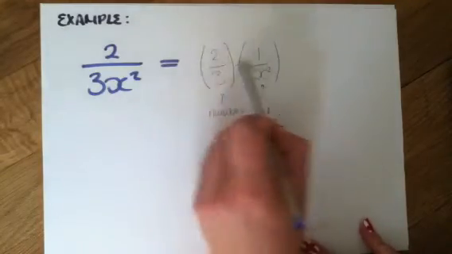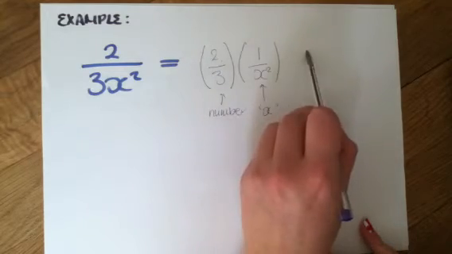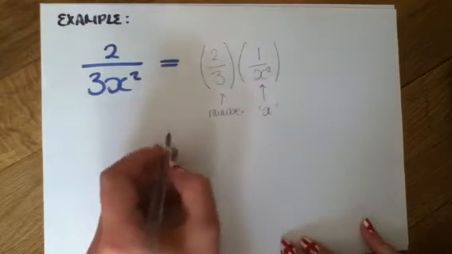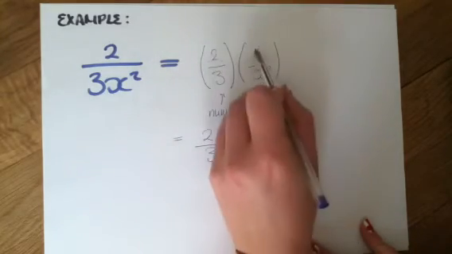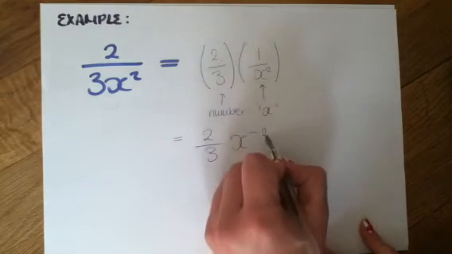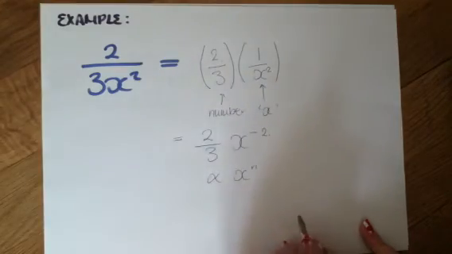We of course check this by multiplying these two brackets together. 1 times 2 is 2, and then 3 times x squared is of course 3x squared. This can then allow us to manipulate this part, and of course it's a reciprocal, so we get x to the minus, and then it's squared, so it's minus 2, and there we have it in the form of alpha x to the n.